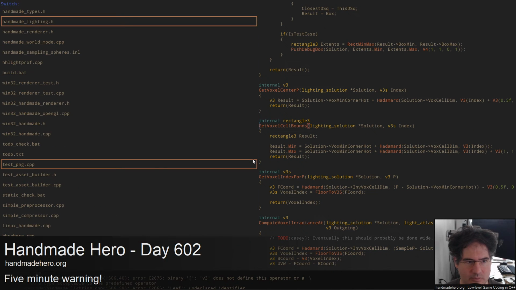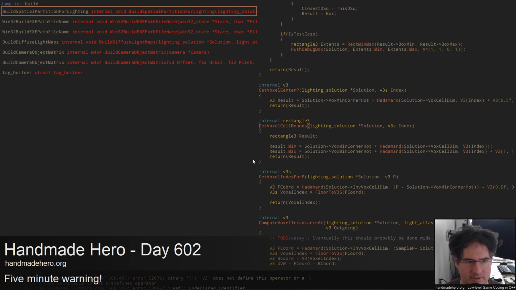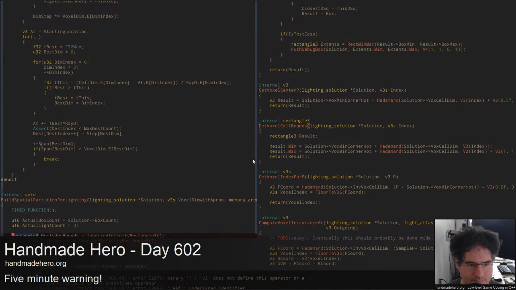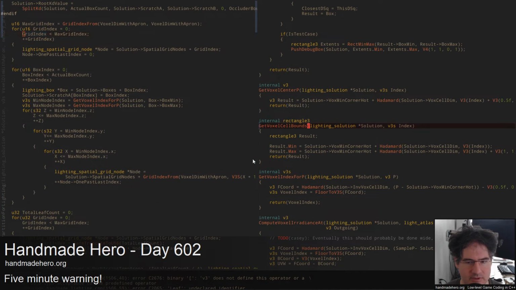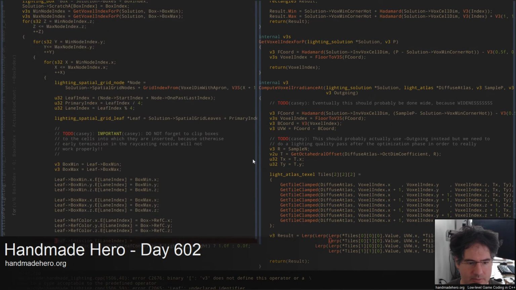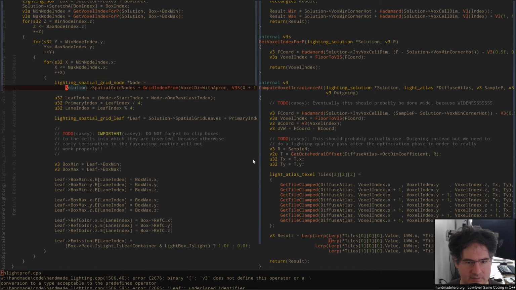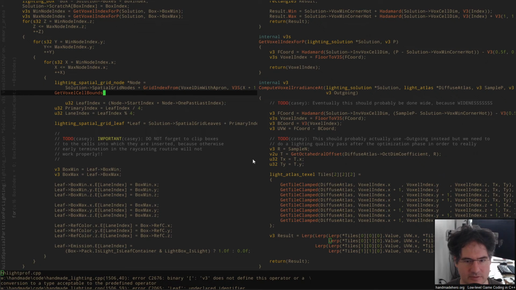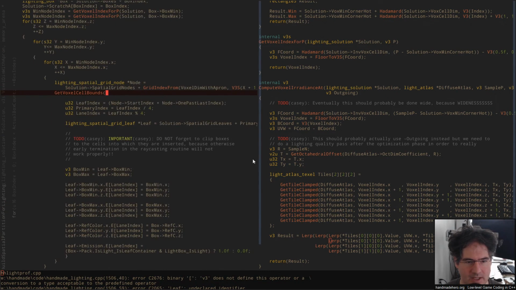And so then when we come into the lighting routine and we're building the spatial partition, we can just call this function now, and it will give us exactly what we need to clip to. So in here, I can just say, hey, whatever this grid square is that we just looked up, so this right here, and we don't need to do that offset because that's only for the grid index.